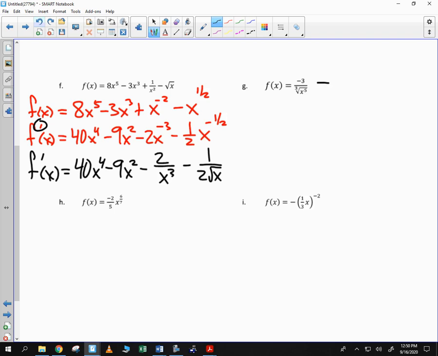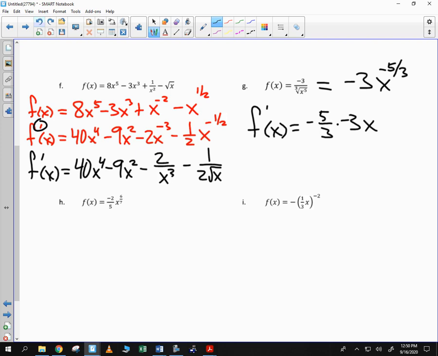Look at this guy. I'm going to rewrite it as negative 3x to the 5/3. That's negative 3x to the negative 5/3 power. So f prime of x, I drop the negative 5/3 in front, times that negative 3x, and I subtract 1 from the top.